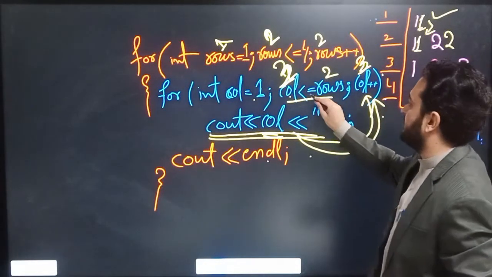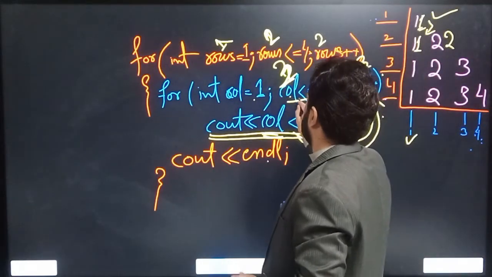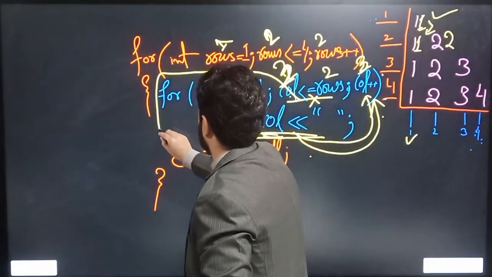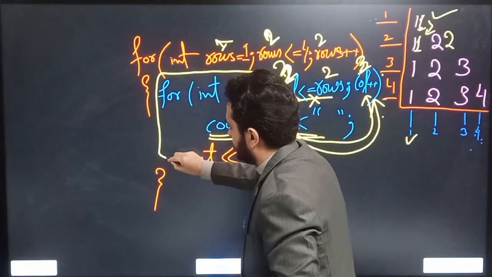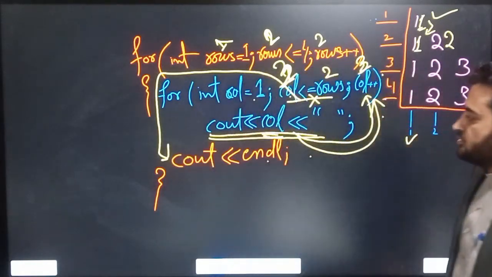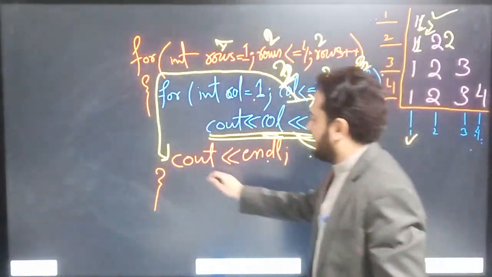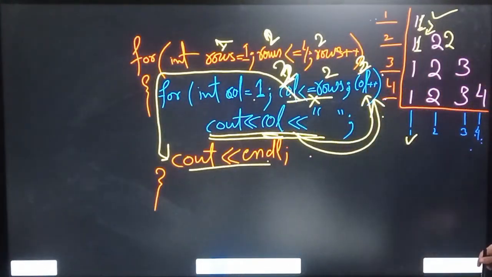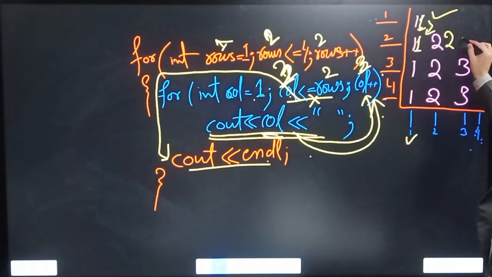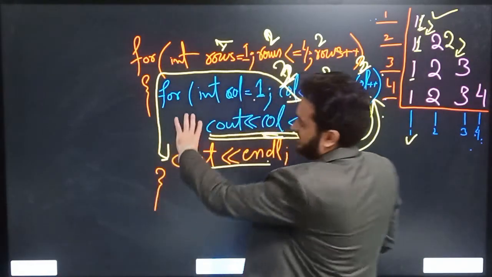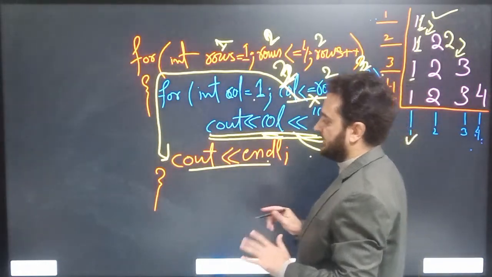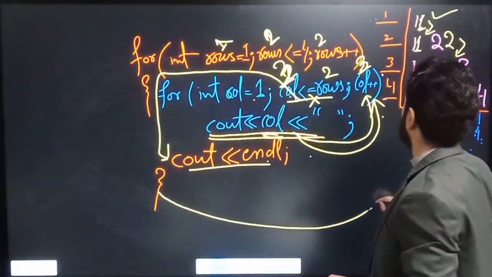No, this condition will become false, and execution will jump out of the body of the inner loop and will come to the cout endl statement. So this will actually order the cursor to jump over to the next line. So the cursor will be blinking here. Now the body is executed completely.